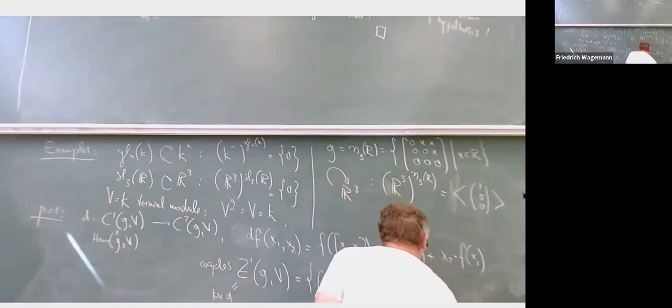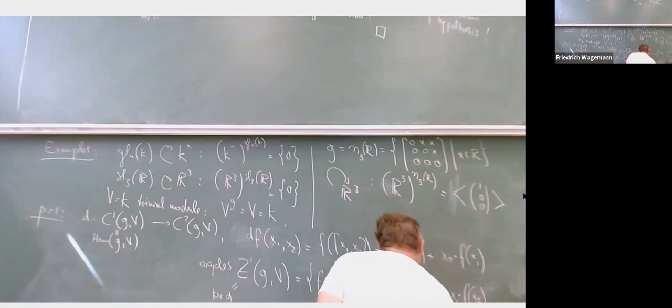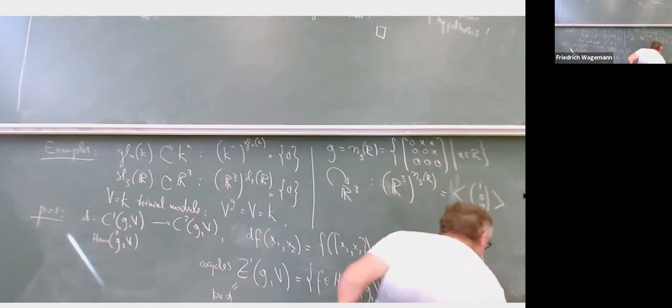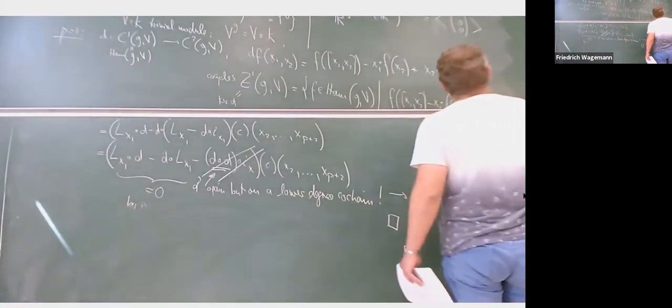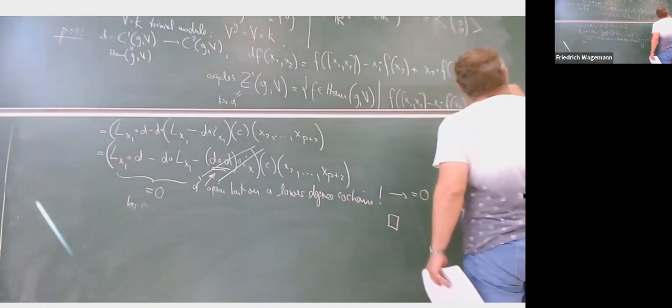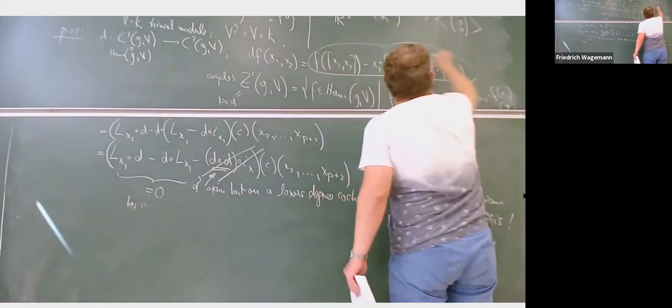f of [x1, x2] minus x1 acting on f(x2) plus x2 acting on f(x1) equals 0. Yeah, meaning this identity, this equal to 0.